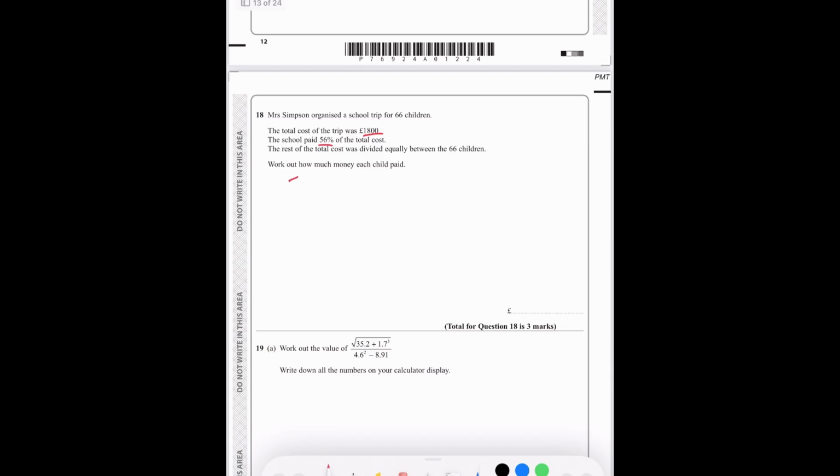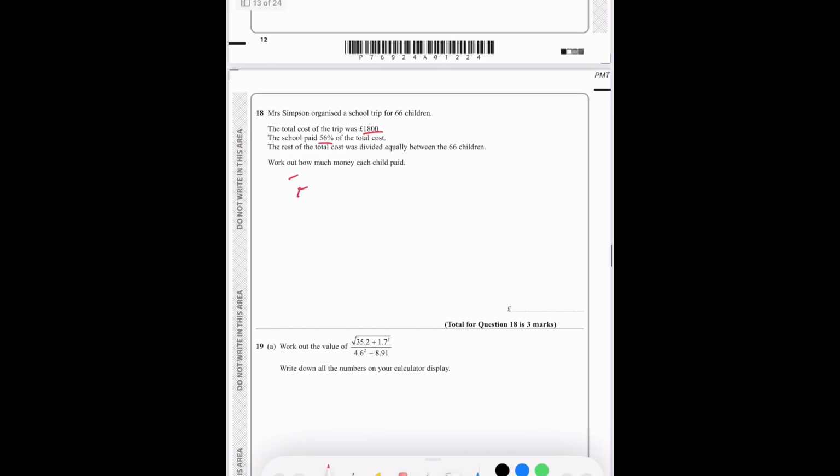Mrs. Simpson organised a school trip for 66 children. The total cost of the trip was £1,800. The school paid 56% of the total cost. So 56% of 1,800 gives me 1,008. And that means that they pay the rest of it.